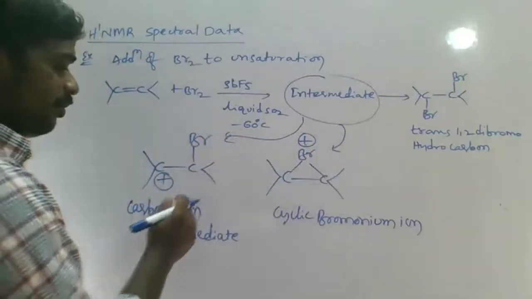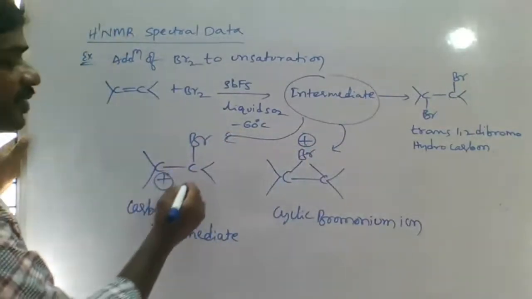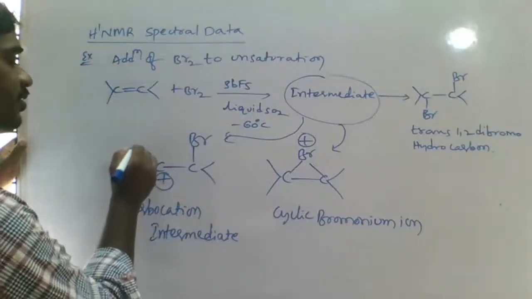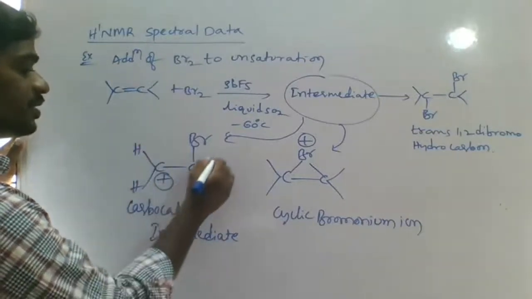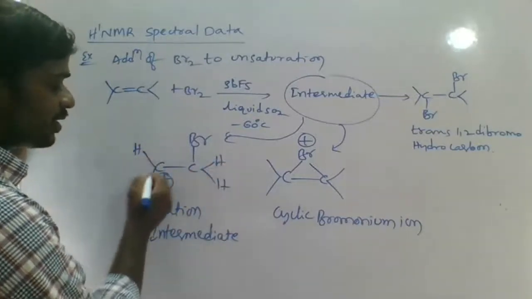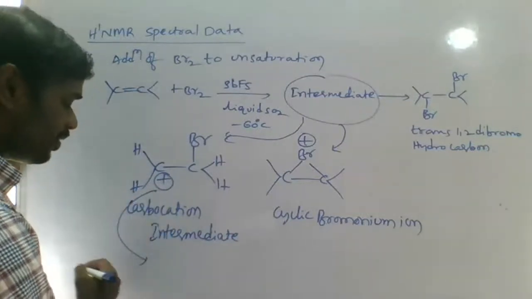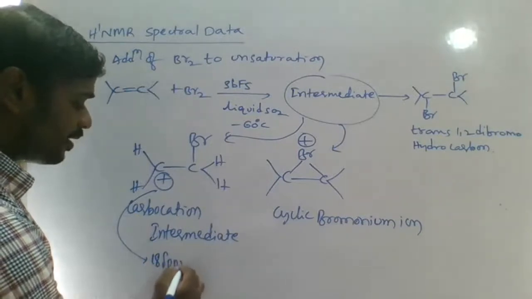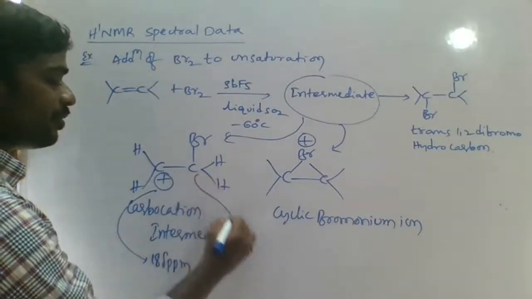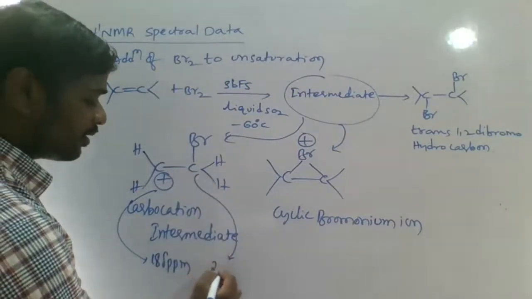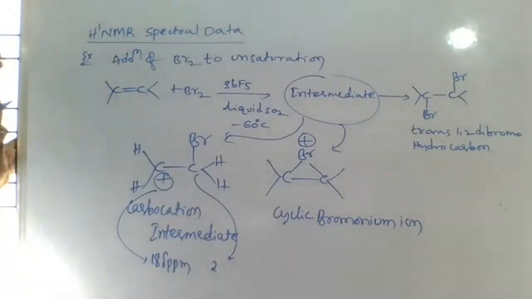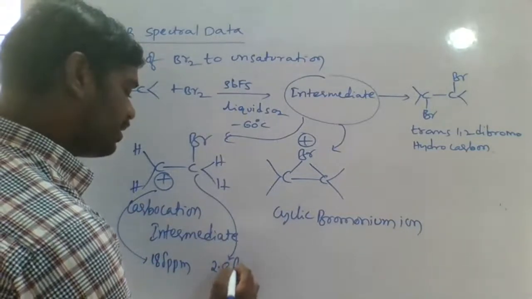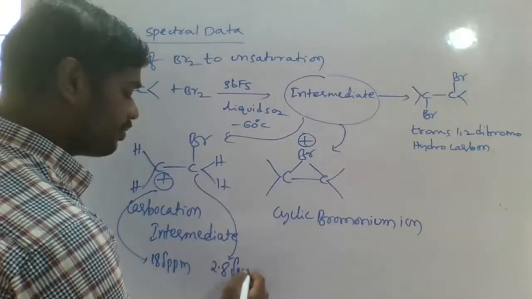But what happens in H1 NMR? It gives two signals. If hydrogen is present, these protons give one signal at around 1.8 delta ppm, and the bromine-attached protons appear at 2.4 to 2.8 delta ppm.